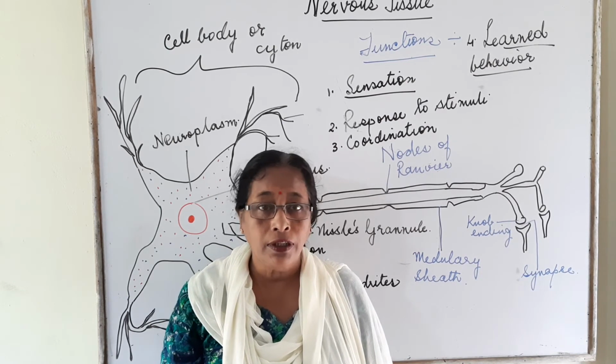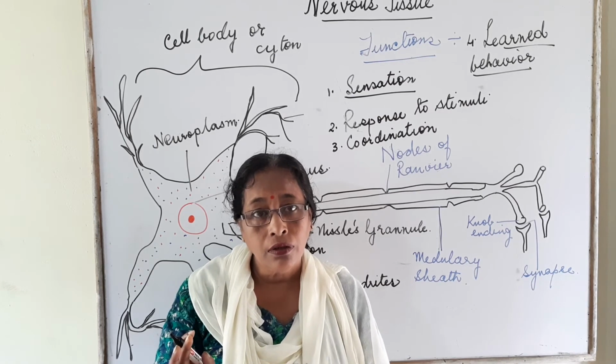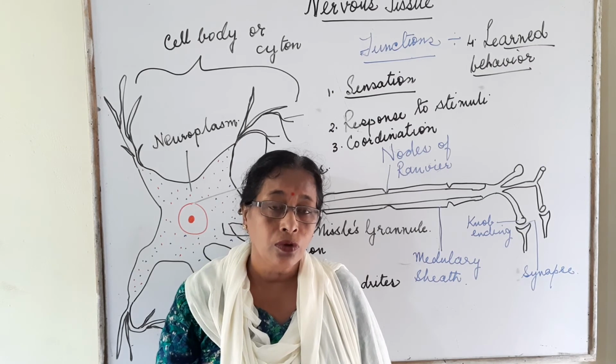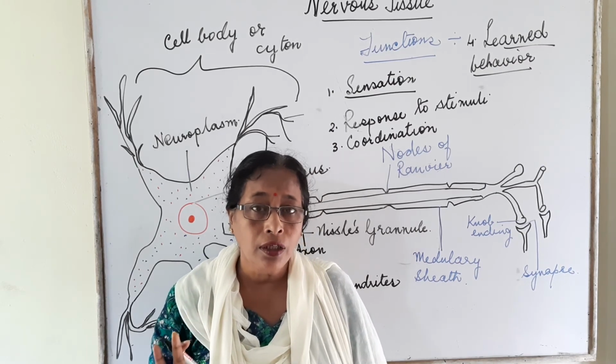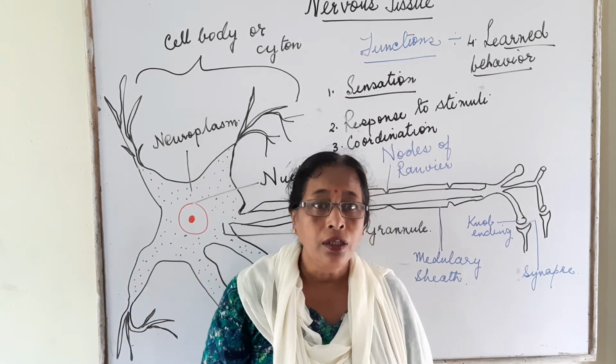So today we have learned about the nervous tissue. A single neuron is the unit of the nervous tissue. We have learned about the structure of the neuron.